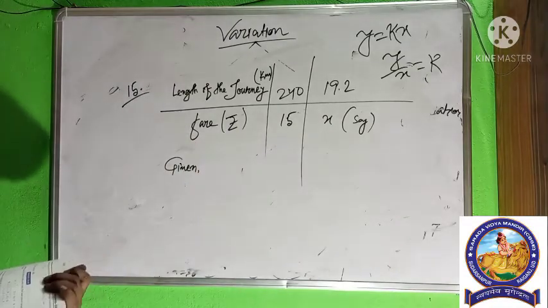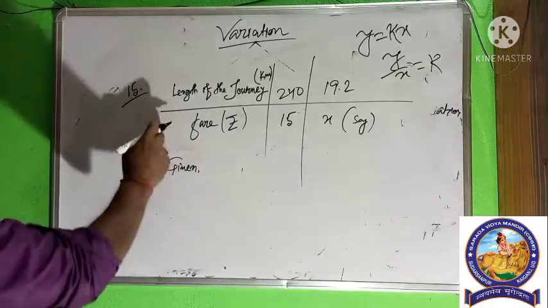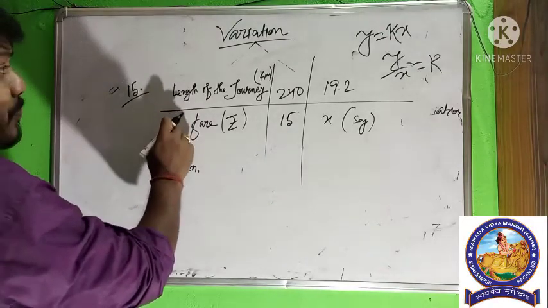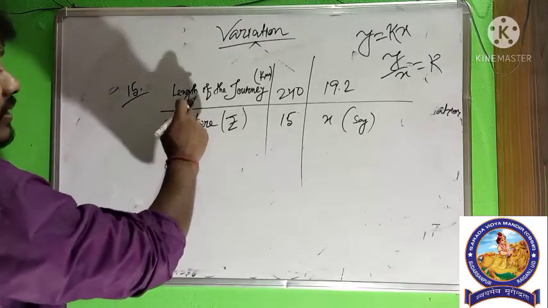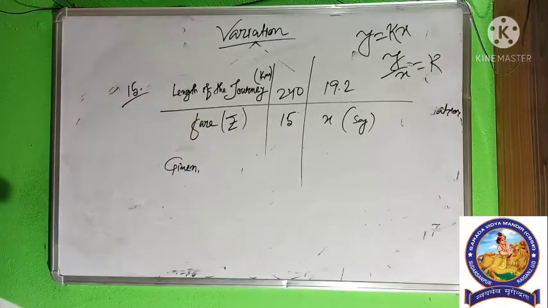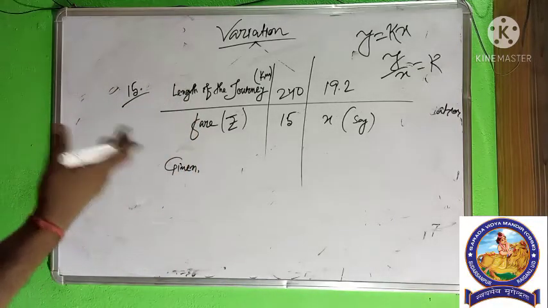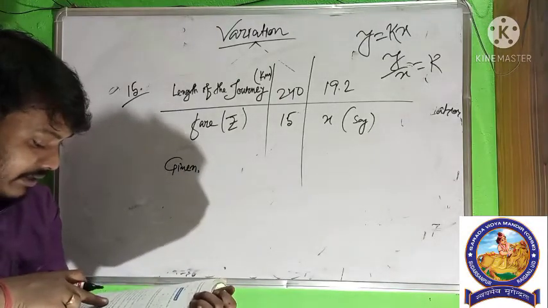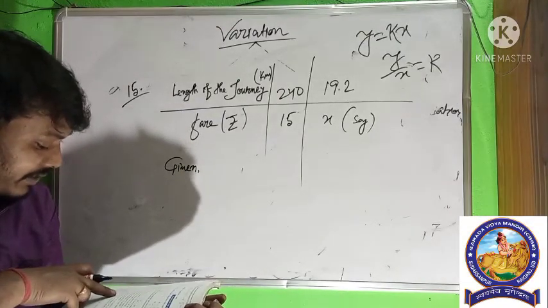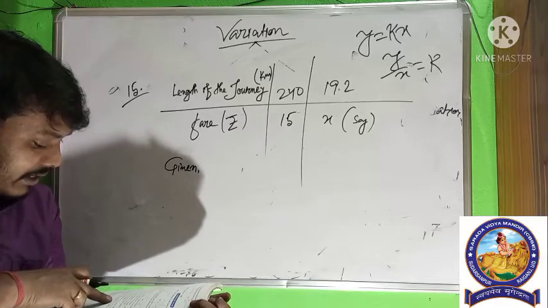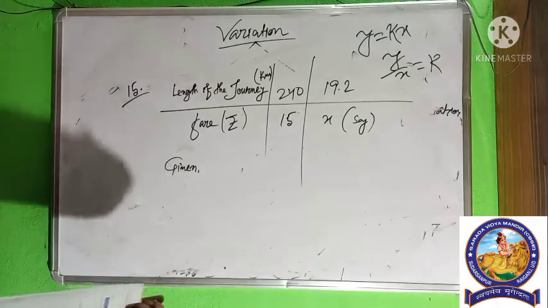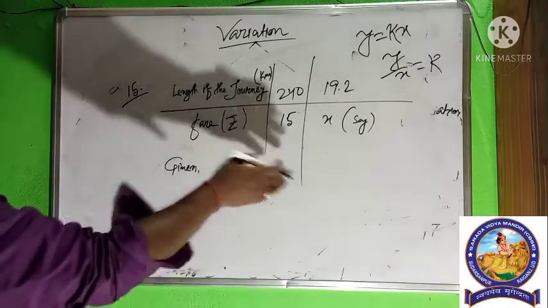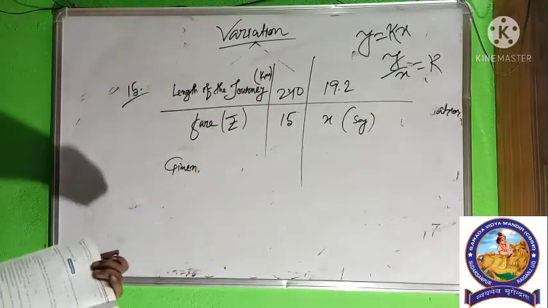You must write the relation between these two quantities, that means whether it varies directly or indirectly. Here it is given.